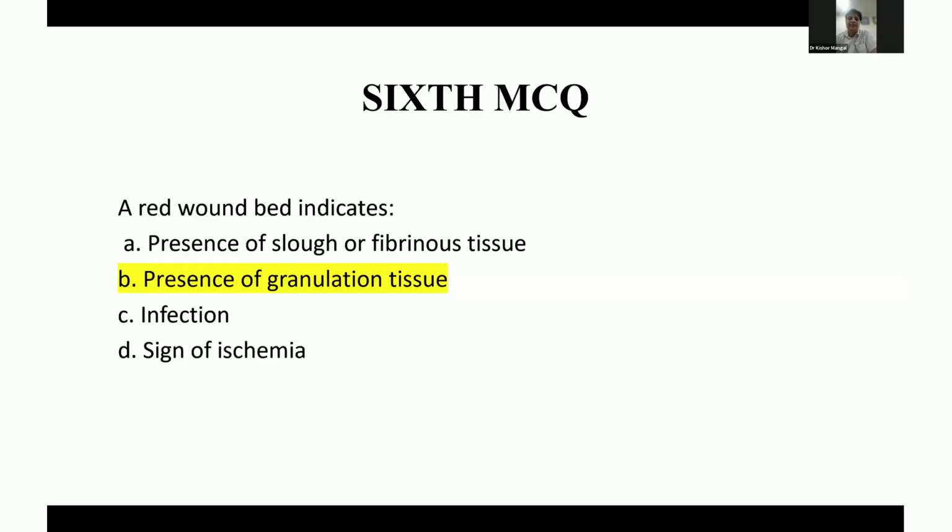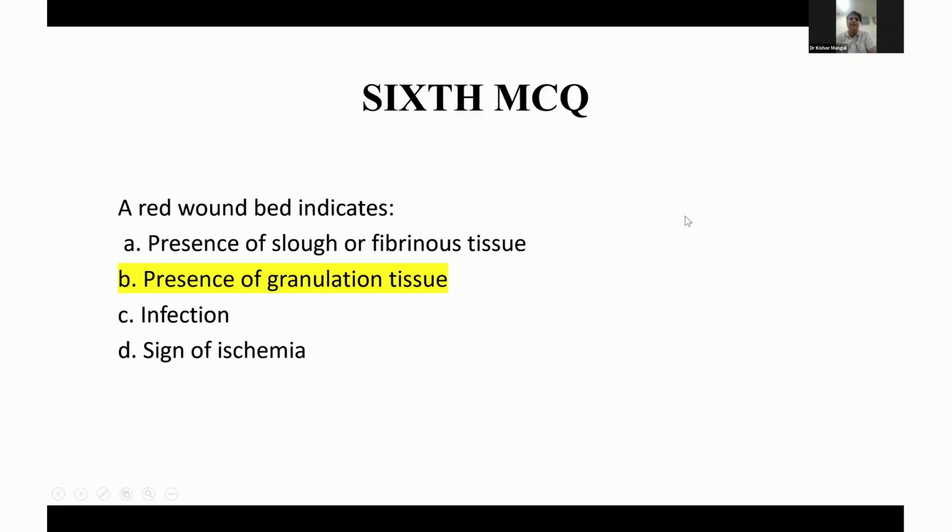So this is the end of my slides and the presentation. Over to you, sir. The plastic surgeons always want a wound bed to be red, because that means the blood flow towards that wound bed is very good, and that is definitely going to help recovery.